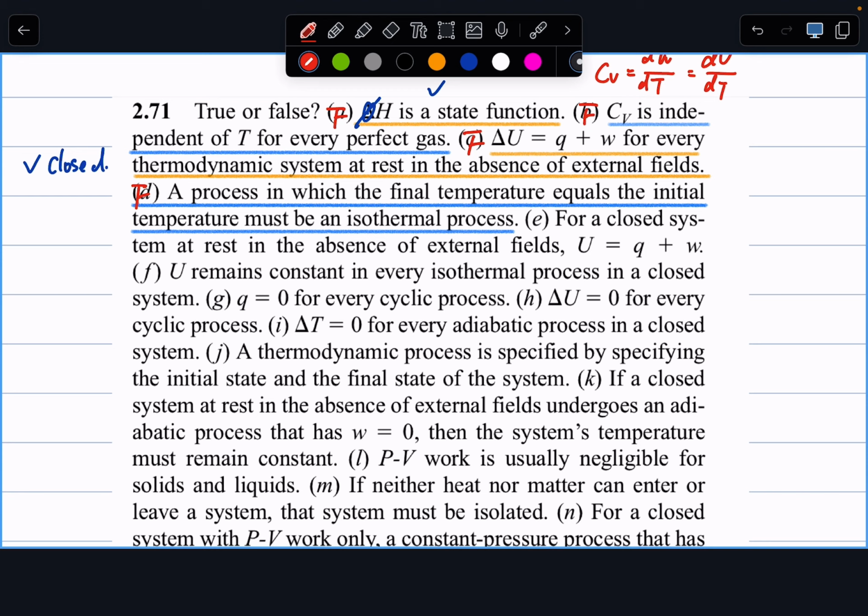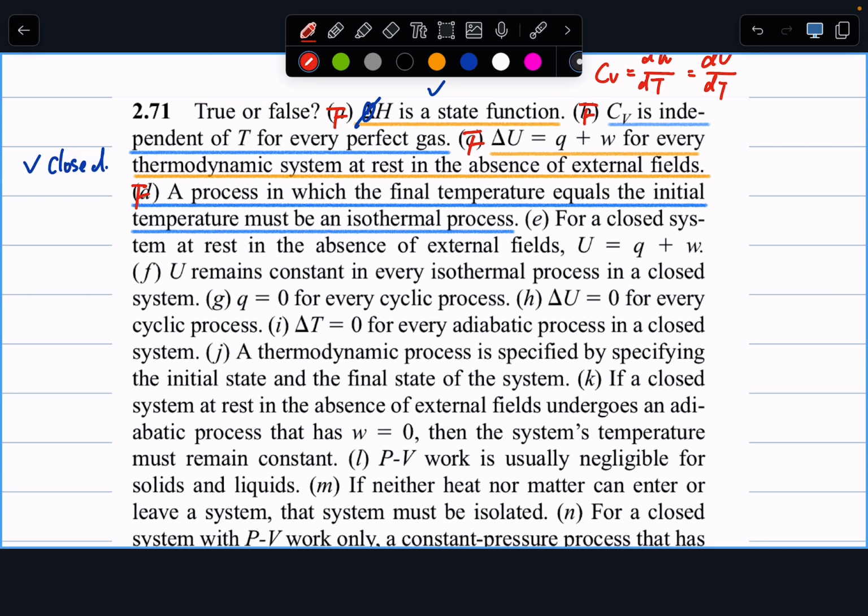So that's my initial, and that's my final. Having delta T equals 0 basically says we can take any path I like to go from my initial state to my final state. But an isothermal process is stating the temperature remains constant for all steps between my initial and final state.